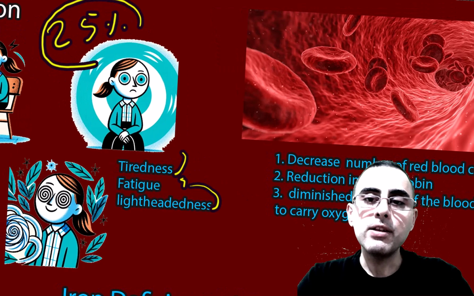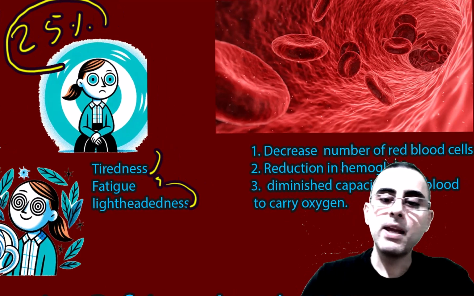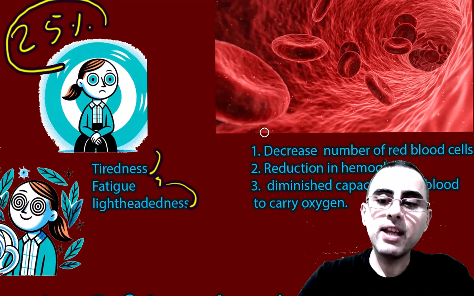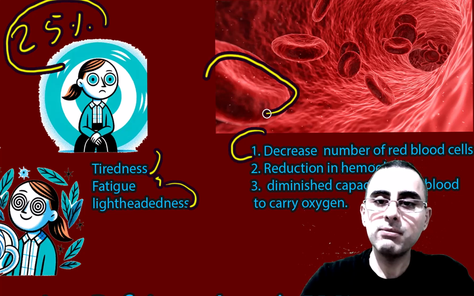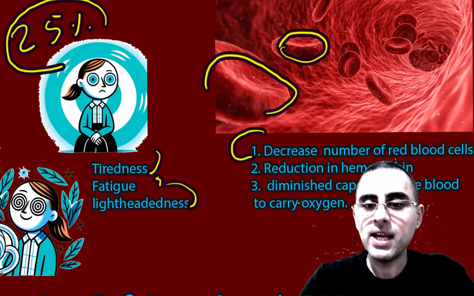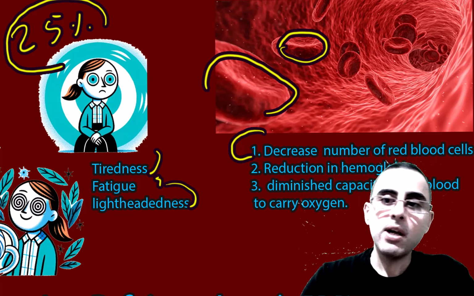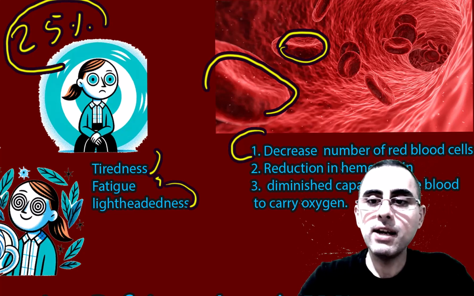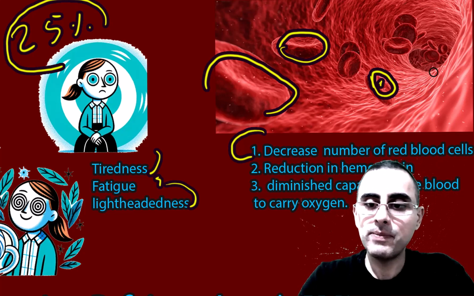And there are 3 main mechanisms by which anemia can develop. First is a decreased number of red blood cells. If we have reduced numbers of red blood cells, we have anemia. Second is a reduction in hemoglobin. We may have enough red blood cells, but a lack of hemoglobin, and that is also anemia.